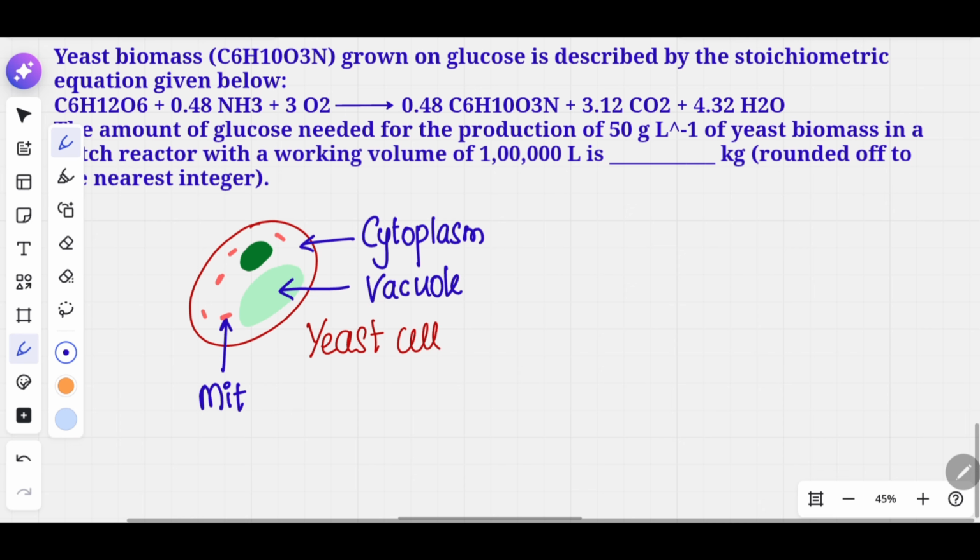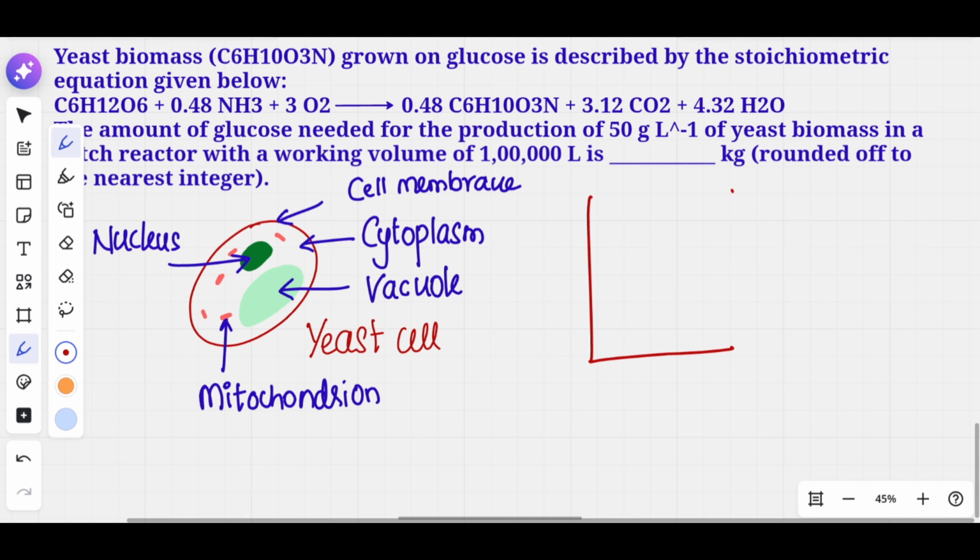Mitochondria is the powerhouse of the cell. And this green one is the nucleus. This outer layer is the cell membrane.